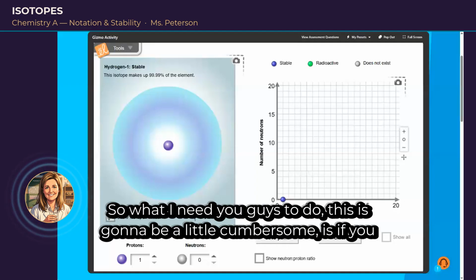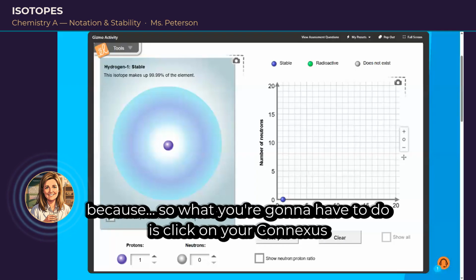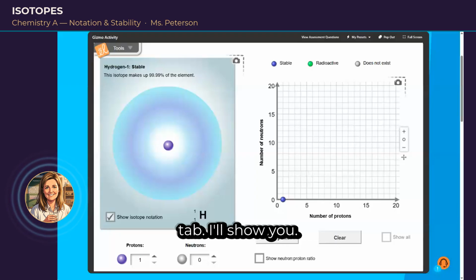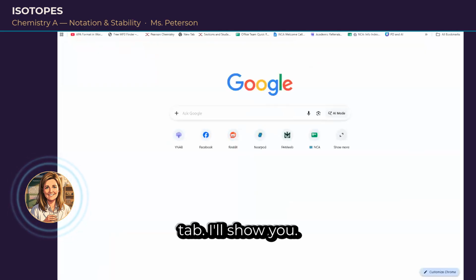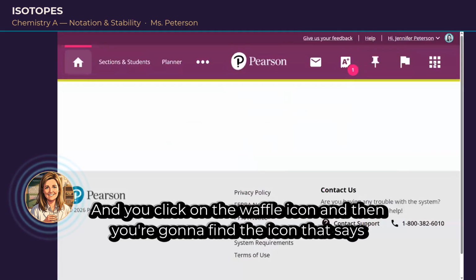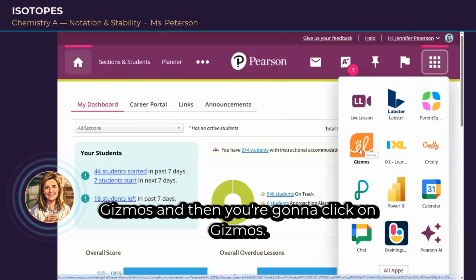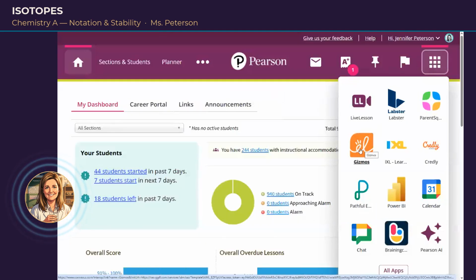So what I need you guys to do, this is going to be a little cumbersome, is go back to a Connexus tab. You all probably have a Connexus tab open somewhere. Here, I'll show you. You click on the waffle icon, and then you're going to find the icon that says Gizmos, and click on Gizmos.